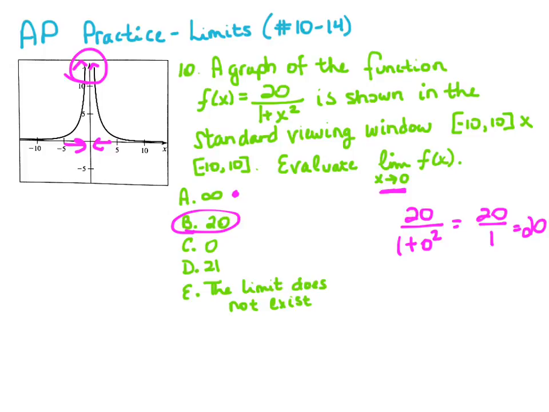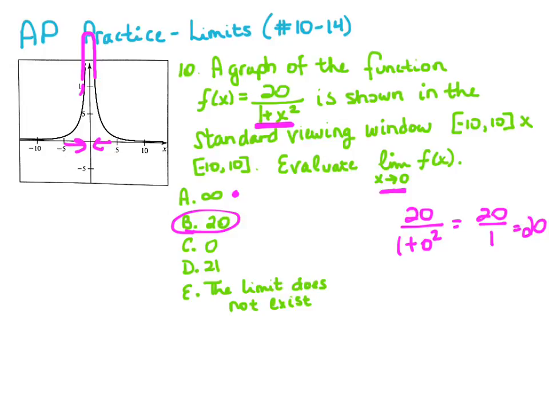There really isn't a vertical asymptote here. What's happening is that as this graph continues on up, it actually turns around and comes back down. We have no vertical asymptote because notice our denominator is 1 plus x squared. If I'm going to get a vertical asymptote, that usually happens when my denominator is equal to 0.